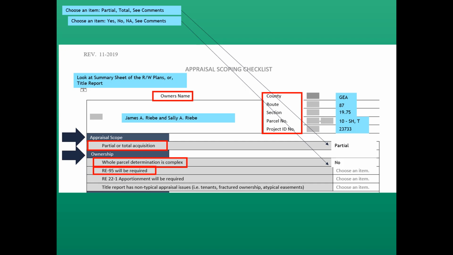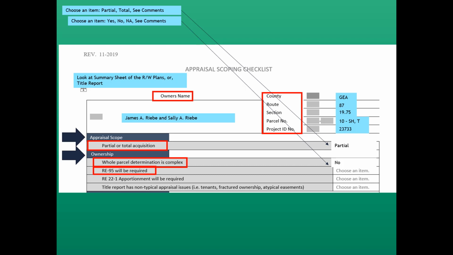The second question is, will an RE95 be required? An RE95 is a form used by the Ohio Department of Transportation. It's not required by law or regulation, but we use it to determine if any of the improvements that are in the take area, and we're talking really man-made improvements, are real property or personal property, because with real property, we appraise it and we will offer compensation for it.